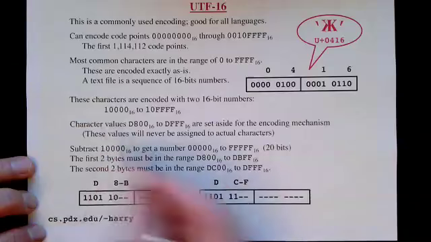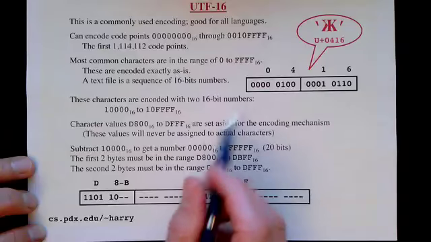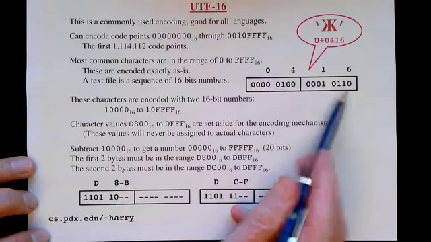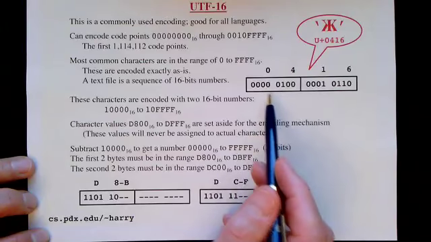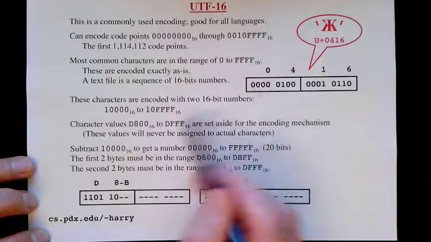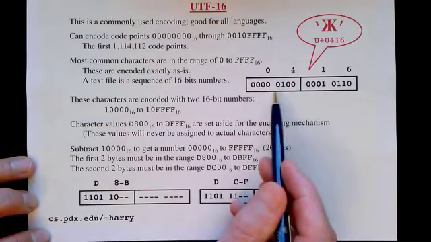And so these values are never assigned to actual characters. So that's one thing we won't see in a 16-bit encoding. We won't have any characters in that range. So if we see, for example, D800 here, we know we've got something special.